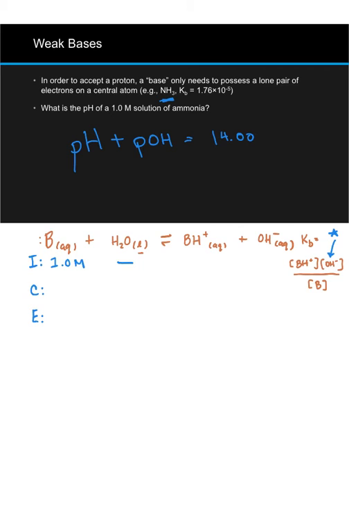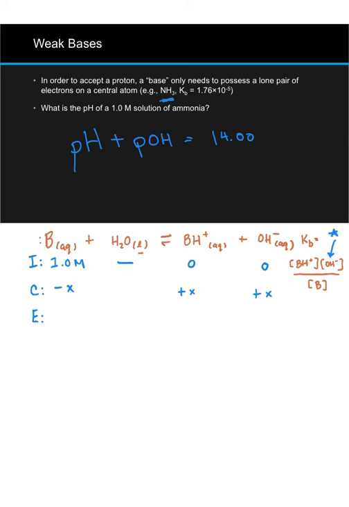We don't care about water because it doesn't show up in our equilibrium constant expression, so we can just ignore that in our ICE table. The amount of BH+ and of OH- from ammonia is initially 0. Therefore, we'll lose some amount of our base and gain some amount of conjugate acid and hydroxide ion.